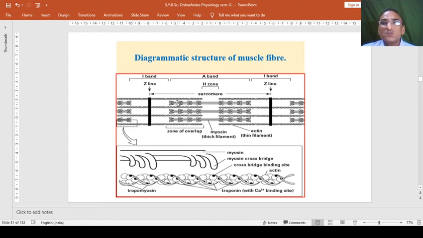In between these two there is an H zone. This whole structure from Z line to Z line is called a sarcomere, which is enveloped around the myofibril or myofilament.